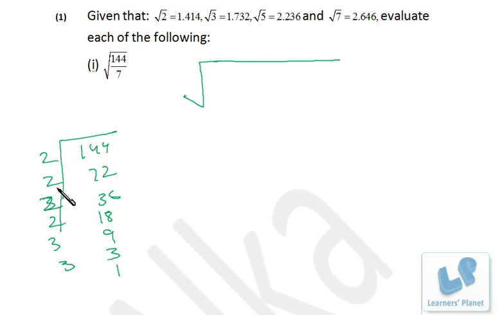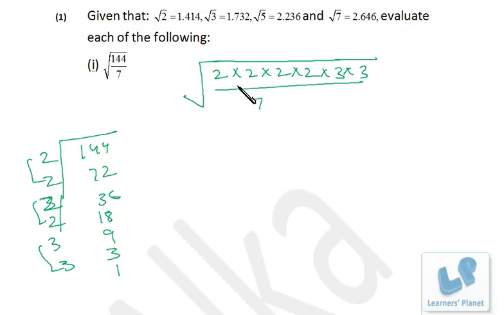So it's 2 into 2 into 2 into 2 into 3 into 3, by 7. Now square root of 144 will be 2 into 2 into 3, that's 12. So it's 12 by root 7.